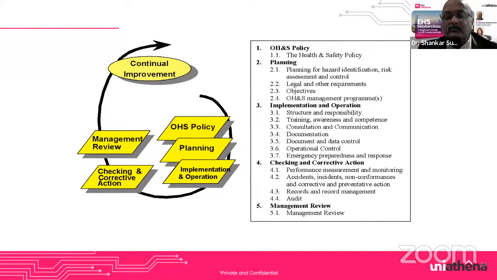Document and data control. With 5G and AI and the emerging technologies, documentation and data will go a long way to mitigate the hazards. For example, when COVID came, we didn't have enough data to understand what was wrong. Now we have enough data, so we know how the virus acts and how it can be controlled.